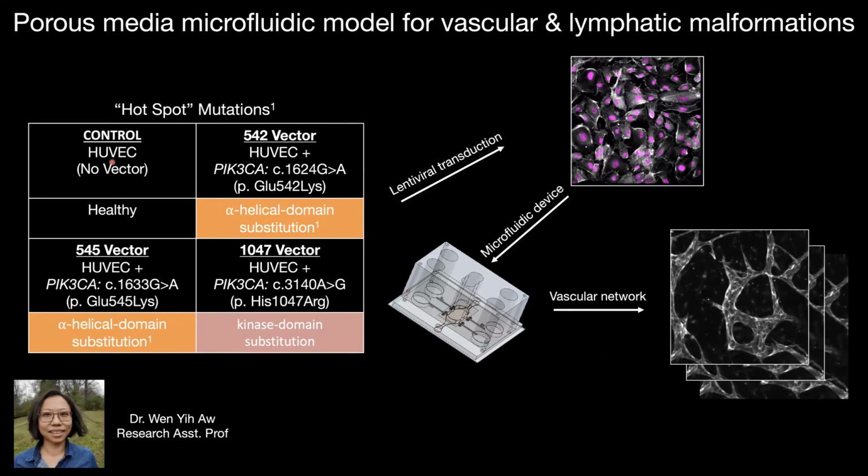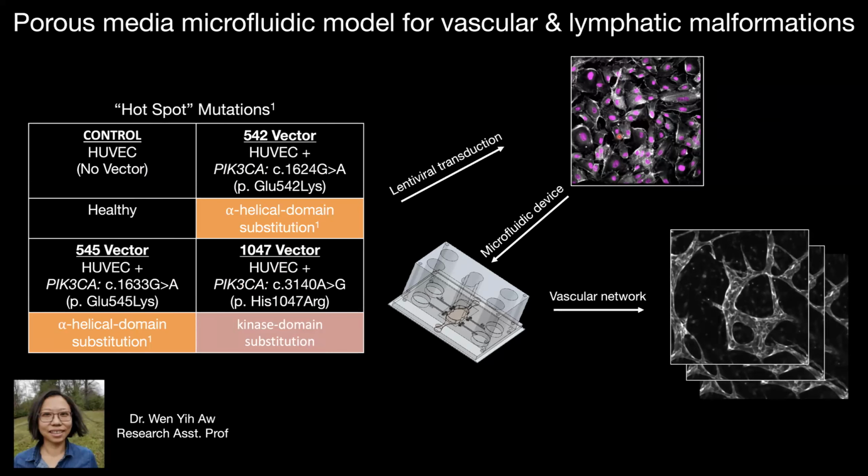We started with HUVECs, but we've now expanded to considering lymphatic endothelial cells, and to use lentiviral transduction to introduce vectors that encode either mutated, these hotspot activating mutants of PIK3CA, or healthy wild type PIK3CA or empty vectors.